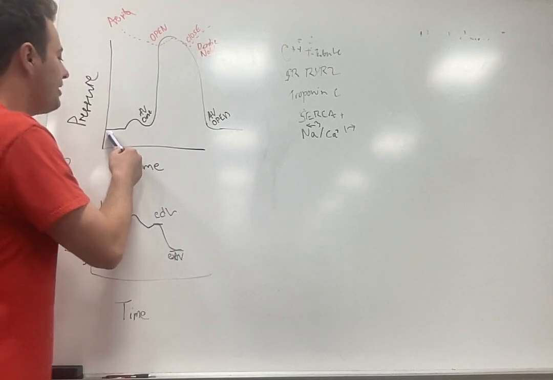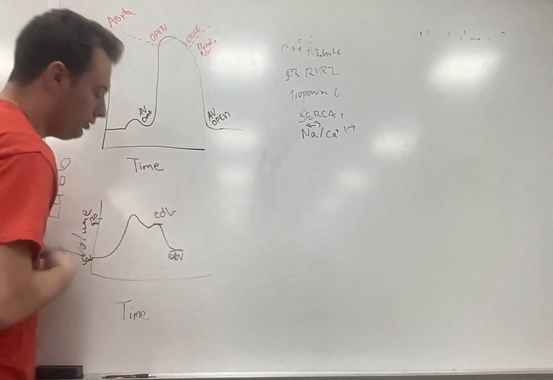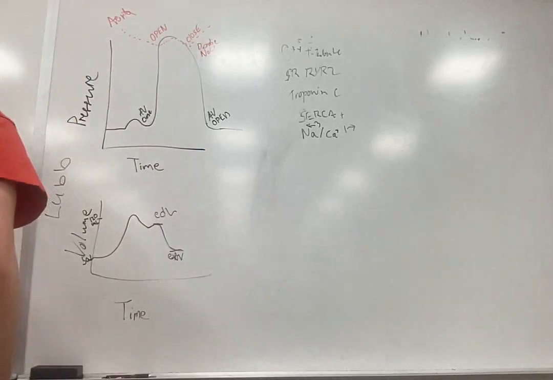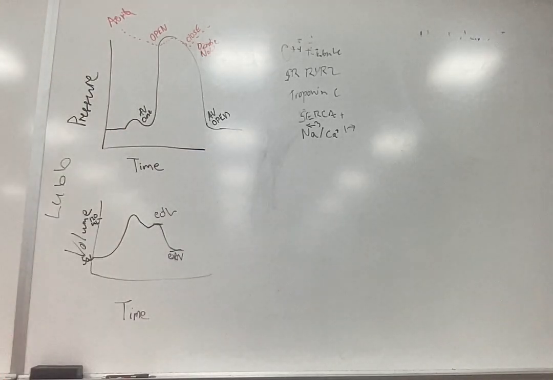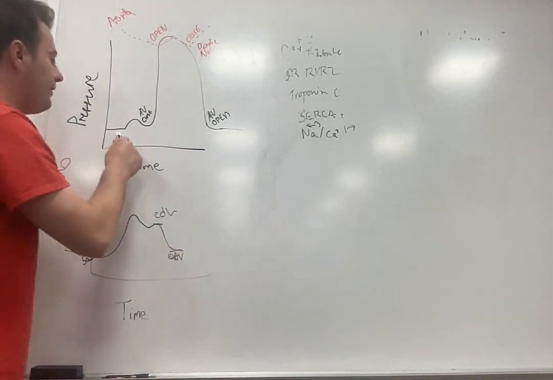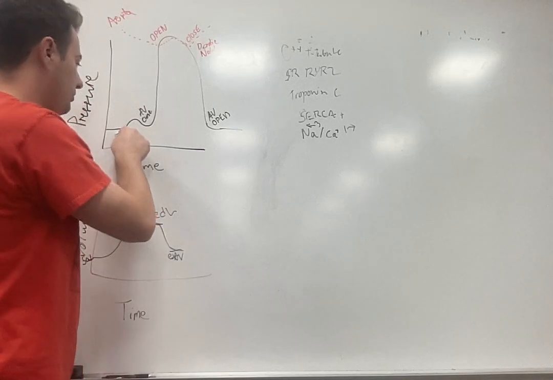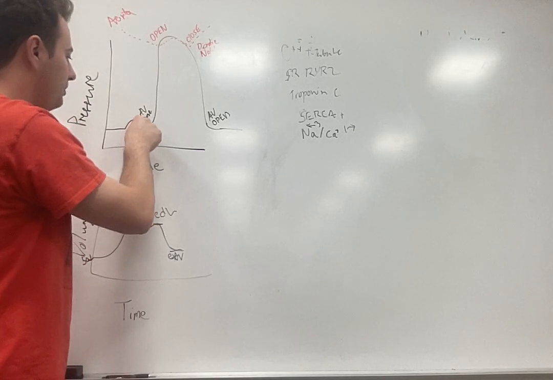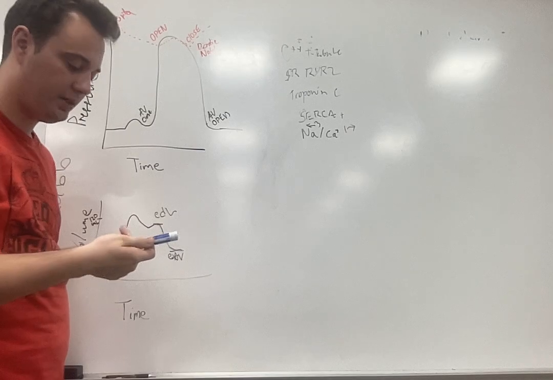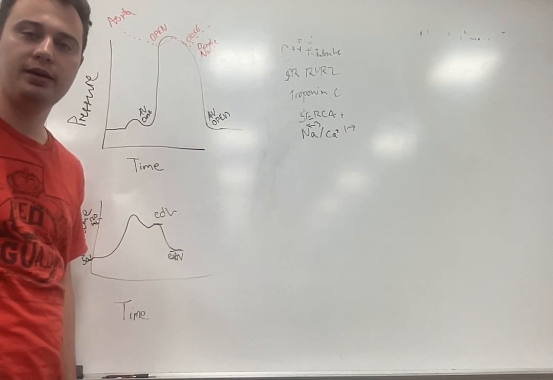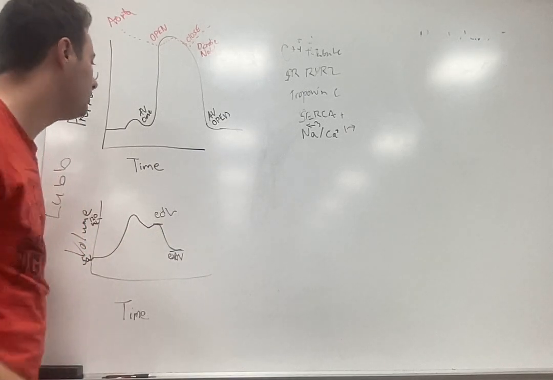So you'll see that the pressure in the left ventricle starts off very small, right? We get some blood, but it doesn't really change the pressure. It's not the quantity of blood that increases the pressure.